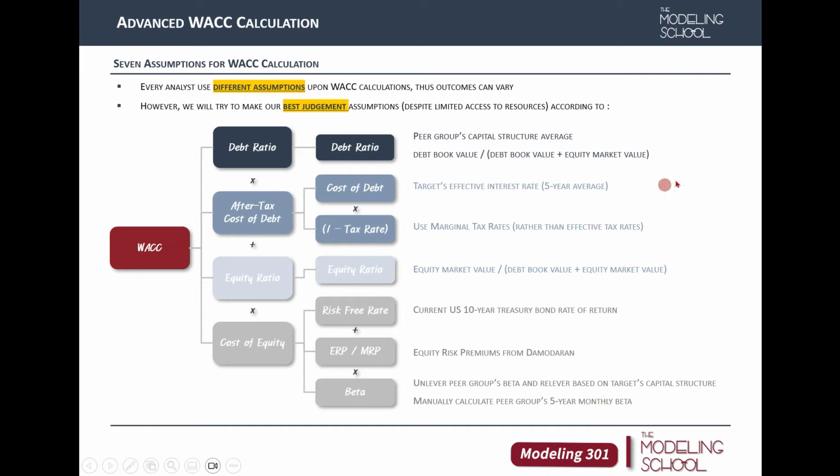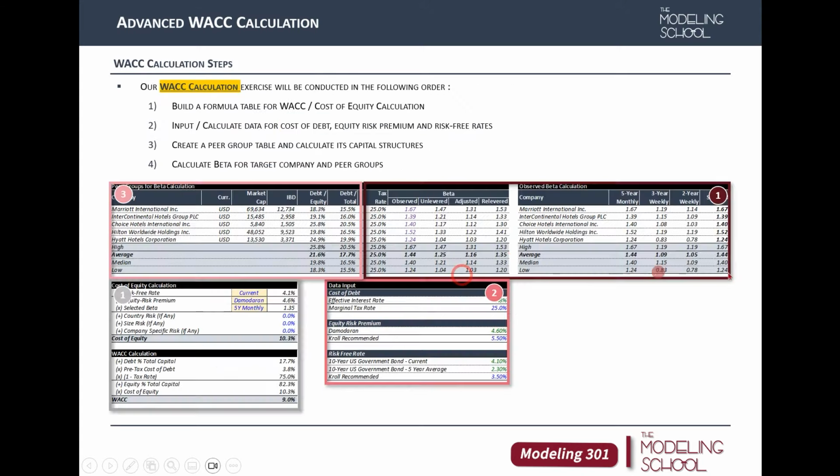We're also going to make some scenarios where we can select different time frames of beta, different sources other than Damodaran, and eventually try to calculate 3 different types of weighted average cost of capital as we did in our scenario analysis. This is simply because this single input is extremely important, and just a 0.5 percentage point change can change the valuations dramatically. So that's why we do that.